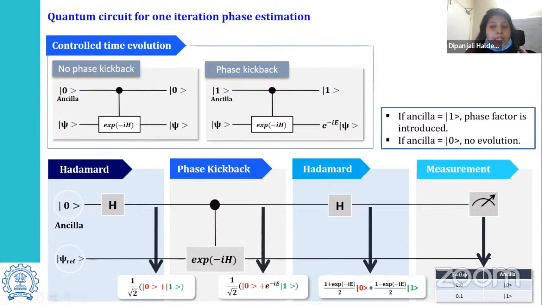Superficially, through a series of basis changing operations, like Hadamard operations and controlled evolution operations, the phase corresponding to an eigenvector is kicked back onto the ancilla, so that when we measure the ancilla, we can read out the corresponding eigenphase of the eigenvector.